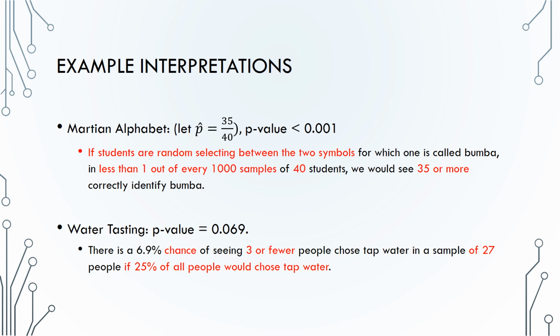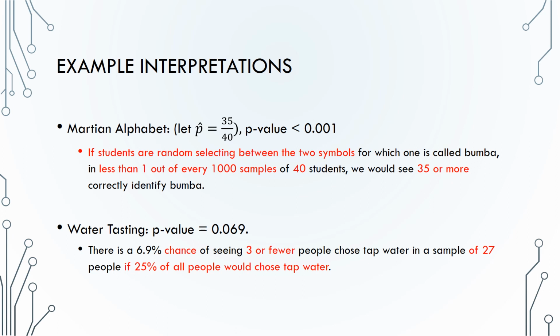We would interpret that by saying, if students are randomly selecting between the 2 symbols, for which one is called Bumba, or if the null is true, then in less than 1 out of every 1,000 samples of 40 students, we would see 35 or more correctly identify Bumba. 35 out of 40 is our statistic, or more is the direction, and our probability or proportion of samples is less than 1 out of every 1,000.